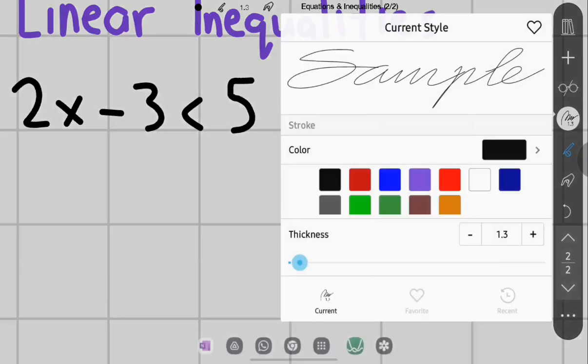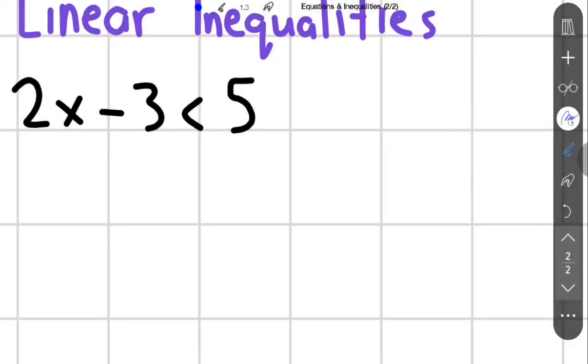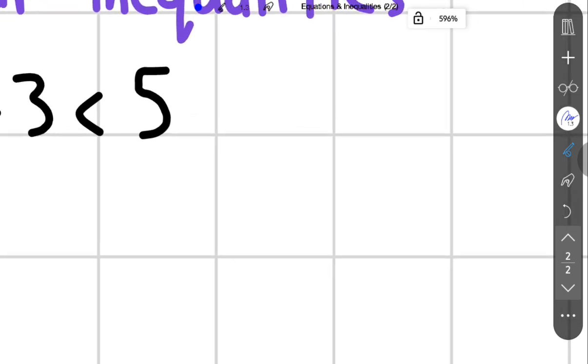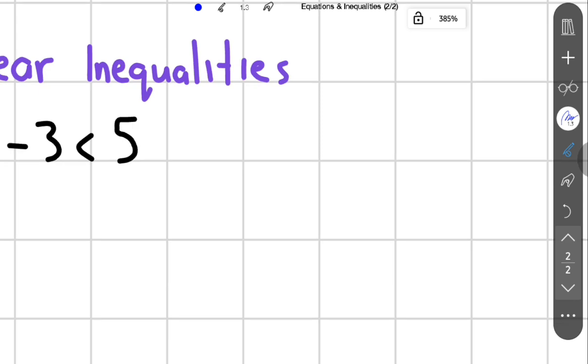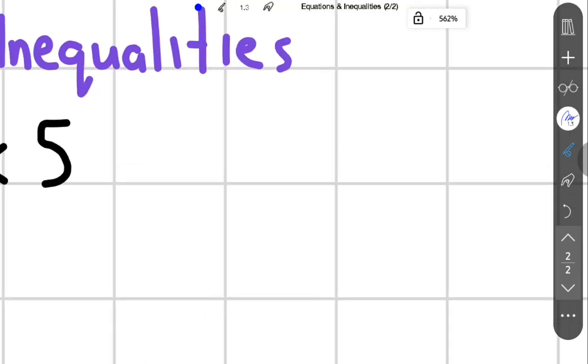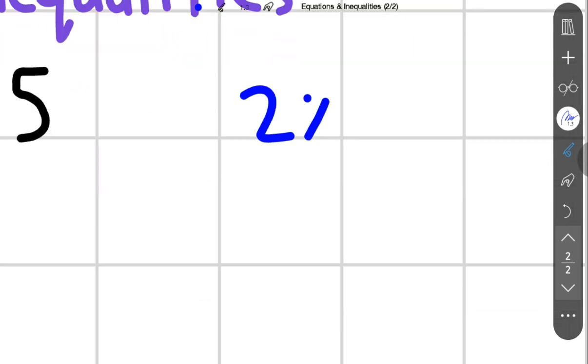So if we were to solve this and find which values of x in this expression, or this function of x, will correspond to less than 5. So let's find out. If we add 3 to both sides, we'll be left with 2x is less than 8.